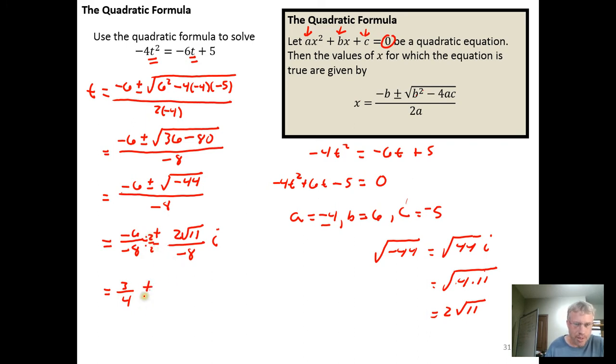And then I get my plus or minus, and the 2 will go into the 8, and that's going to go in 4 times. This negative, I really probably want to pull the negative up into the numerator position, and I'm going to get a negative square root of 11 over 4 times i. And this is a little bit of a different situation. We have the negative sign here.